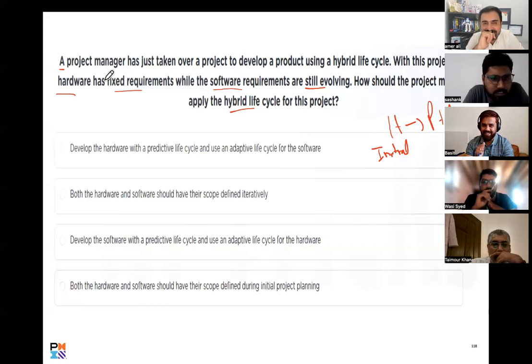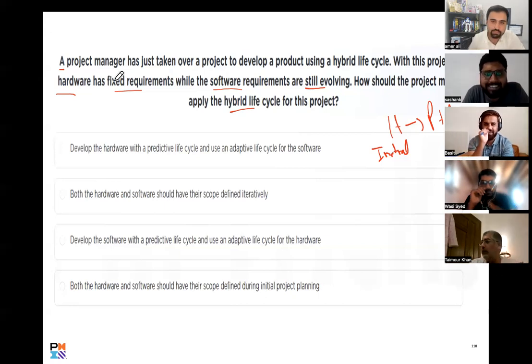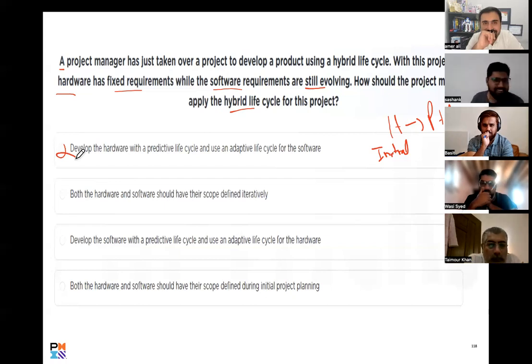But in adaptive, there are 3 life cycles. So I think this is not the option. Okay. Yeah. So the second option is that the hardware and software should have their scope defined iteratively. Again, I don't think so. This is the option.